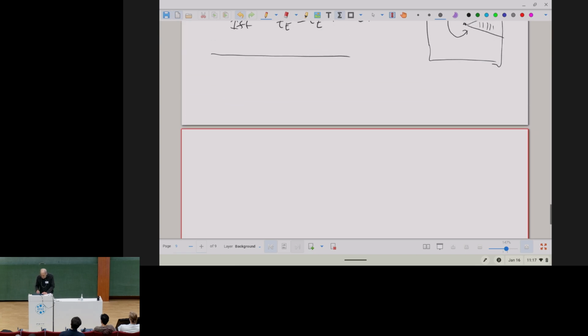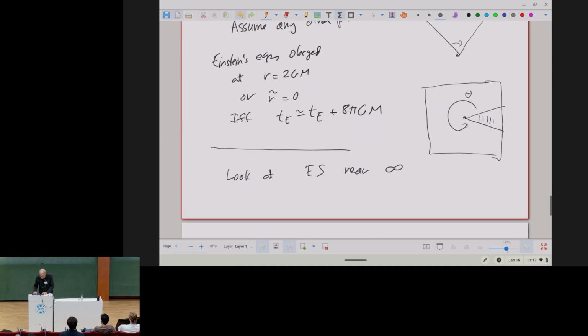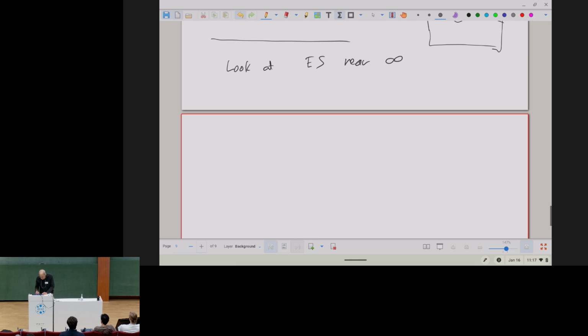Now, let's look at this metric near infinity. Near infinity means as r goes to infinity. So the coefficient of dt e squared goes to 1, and the coefficient of dr squared goes to 1 as r goes to infinity.